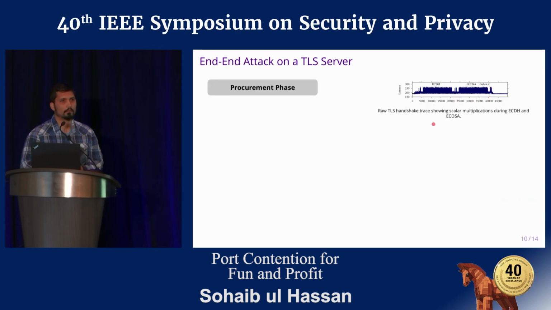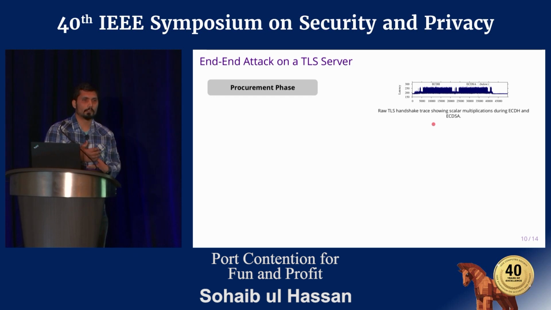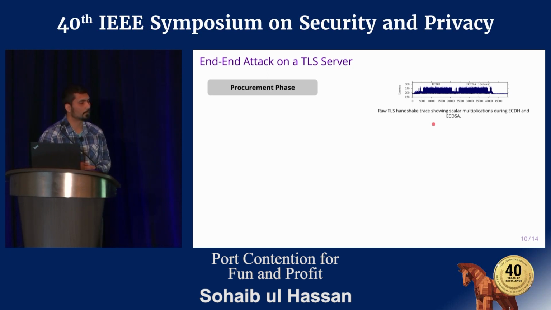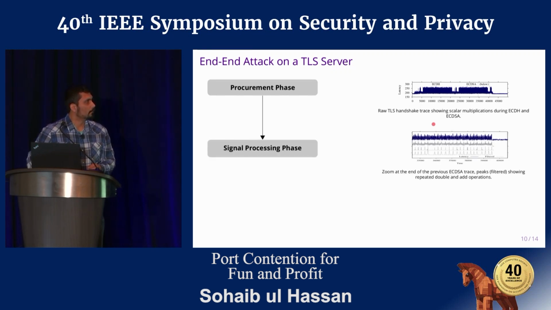We started the attack by procuring TLS traces, and for that we queried multiple TLS sessions while there was a spy running in parallel monitoring one of the ports, which we selected based on experimentation. You can see here we have the TLS trace which has ECDH and ECDSA.